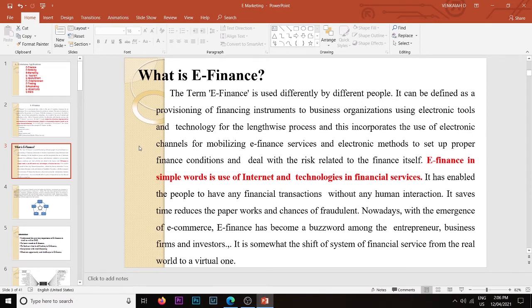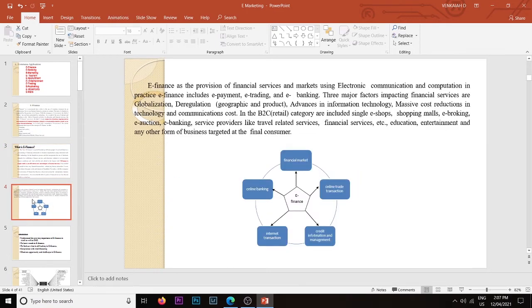So it reduces the paperwork, reduces fraudulence, and with the emergence of e-commerce, e-finance has become a buzzword among entrepreneurs, business firms, and investors. Okay, now e-cash, digital cash, e-finance are some of the major words used by entrepreneurs as well as companies and firms.